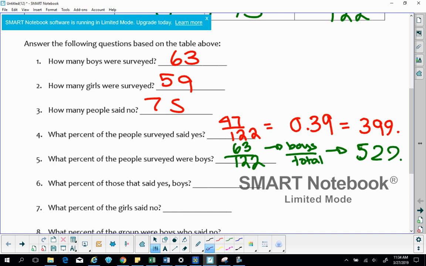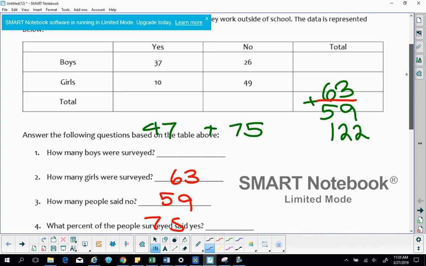Now this says what percent of those that said yes are boys. So what percent of those that said yes, that's your denominator. So how many people said yes? 47, right? So out of the people that said yes, out of the yesers, how many of them were boys? So how many boys said yes?